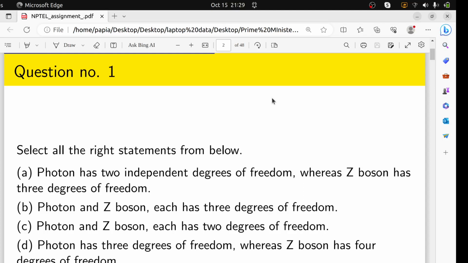If A is correct, then B, C, D are not correct. And similarly, if B is correct, then A, C, D will not be correct. In that question, they are asking what will be the degrees of freedom for photon and for Z boson. Now, let us start.